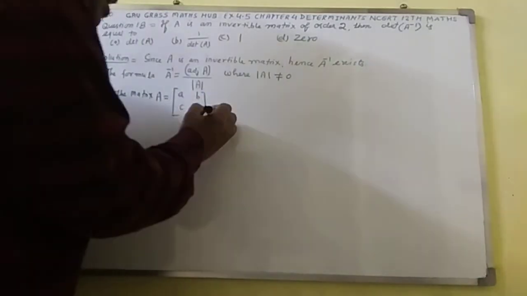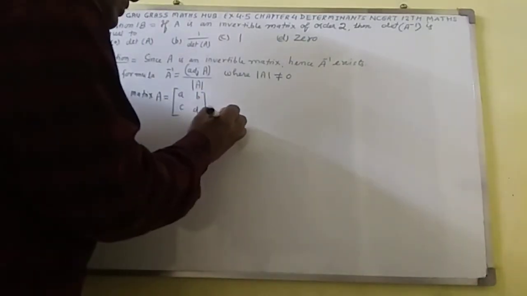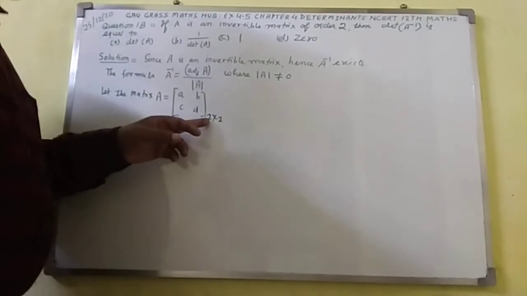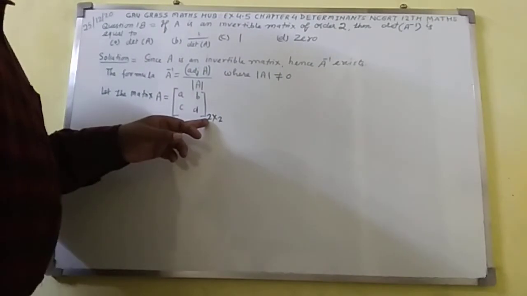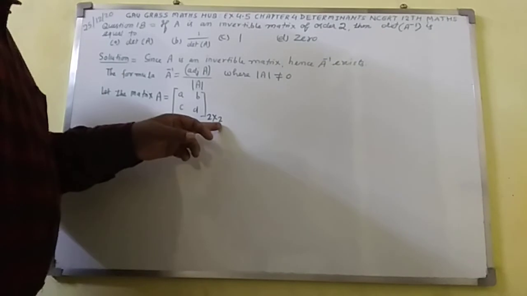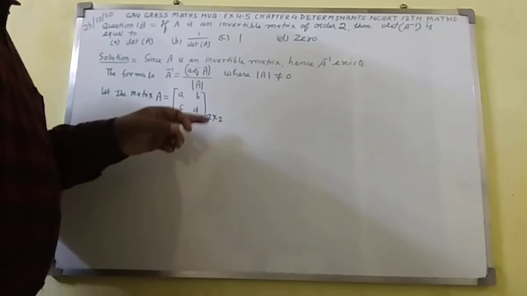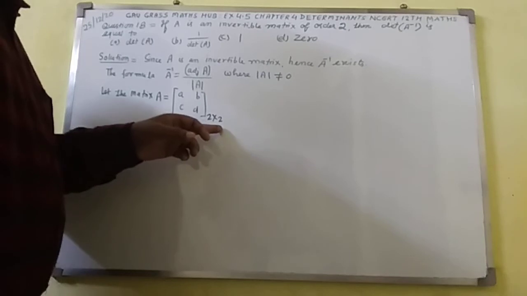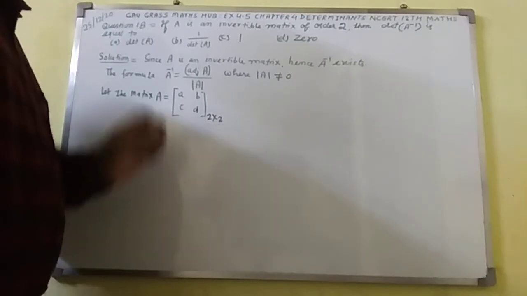This is a matrix of order 2 cross 2 because there are two rows and two columns. Number of rows and number of columns both are equal.